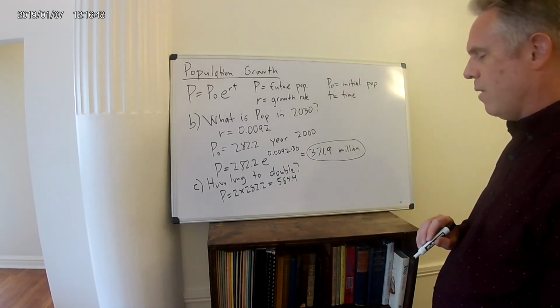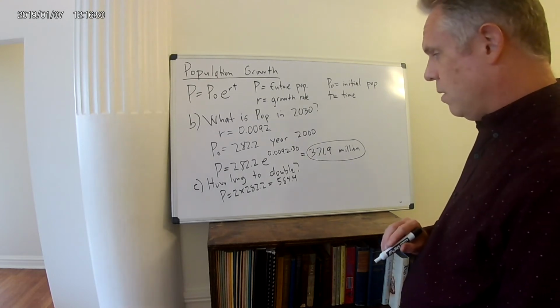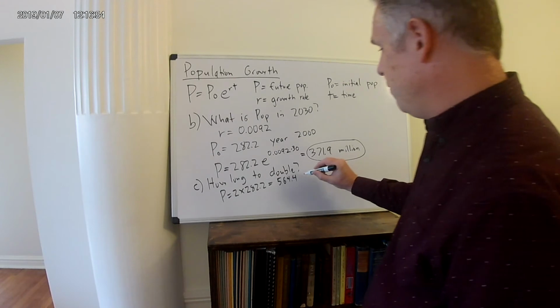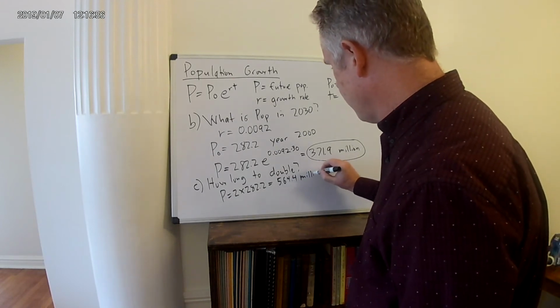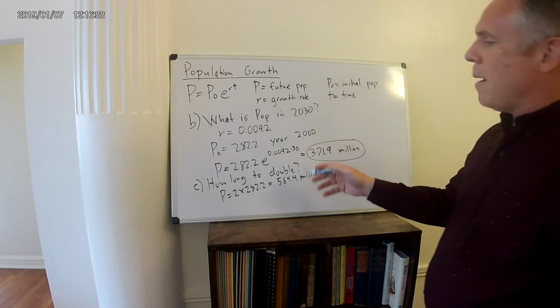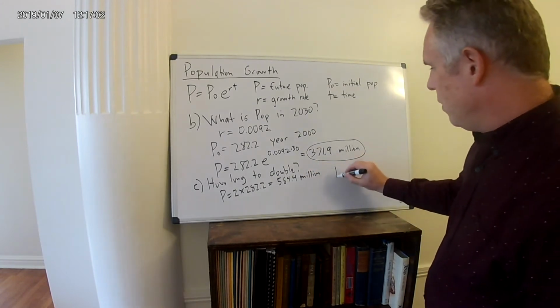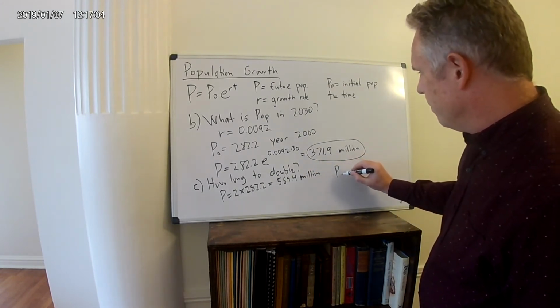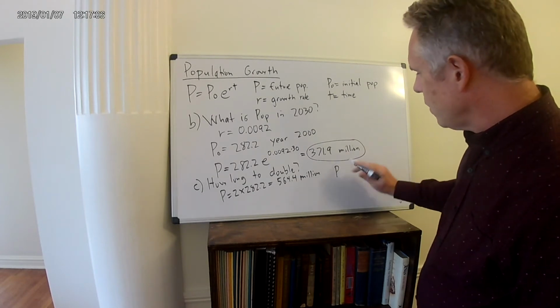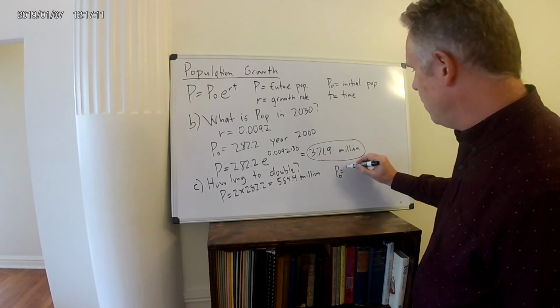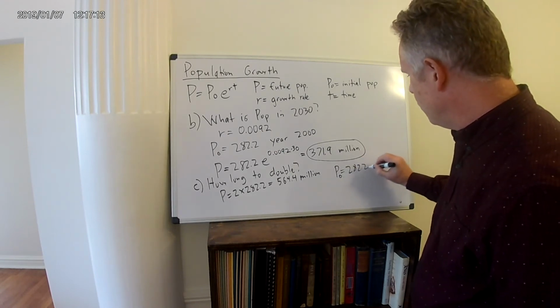I did the math on that. When the U.S. population doubles, that'll be the population. Our initial population we can use as being 282.2 million.